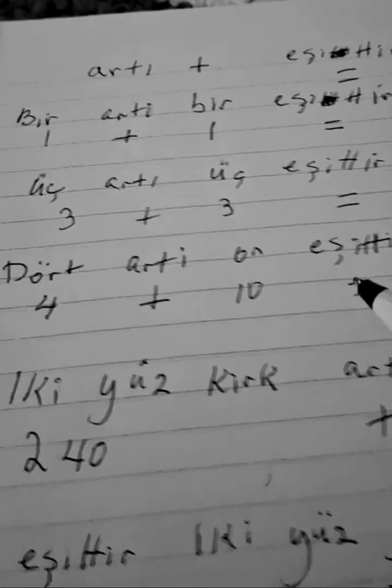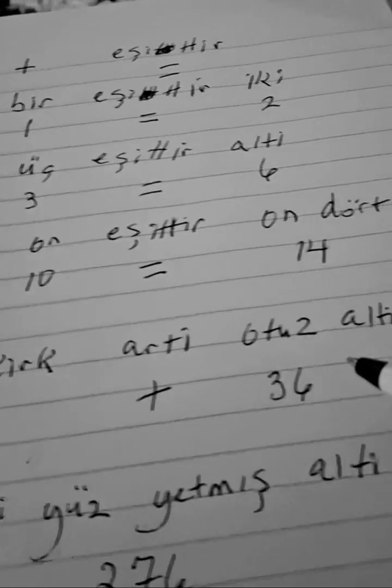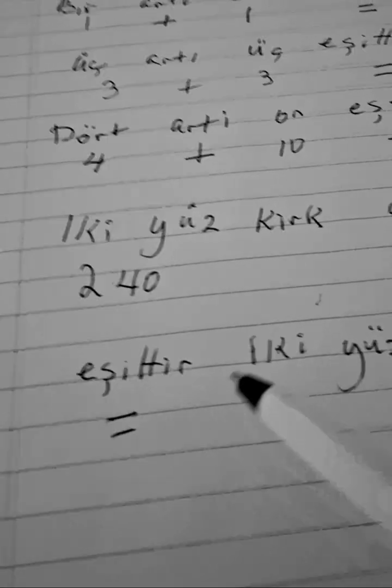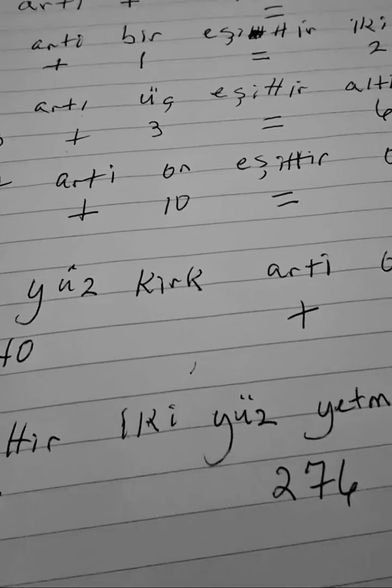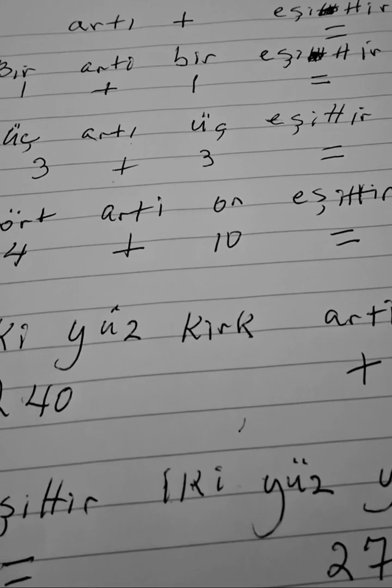So iki yüz kırk, 240, artı otuz altı, 36, eşittir iki yüz yetmiş altı, 276. All right, so hopefully that helps you on addition.